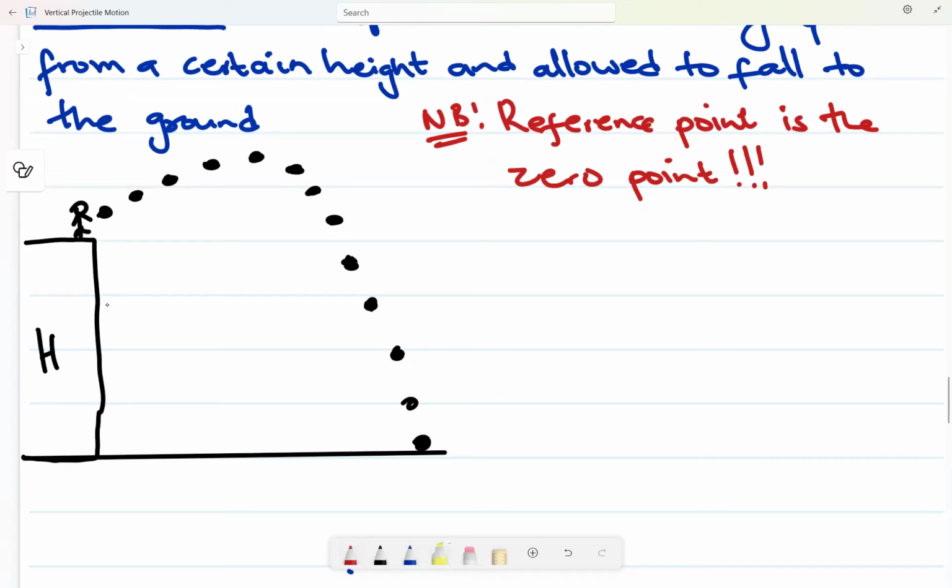If the examiner says take the height as the reference point, it means this is going to be your 0. Your graph will start there, then it will go up, then it will go downwards like that. But if the examiner says take the ground as a reference, you'll draw your zero reference here, then like that. I'll draw those two cases.